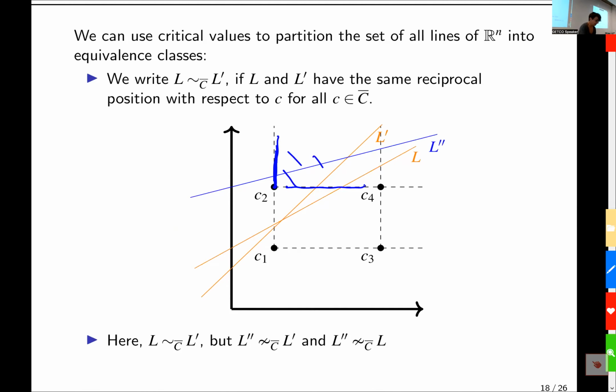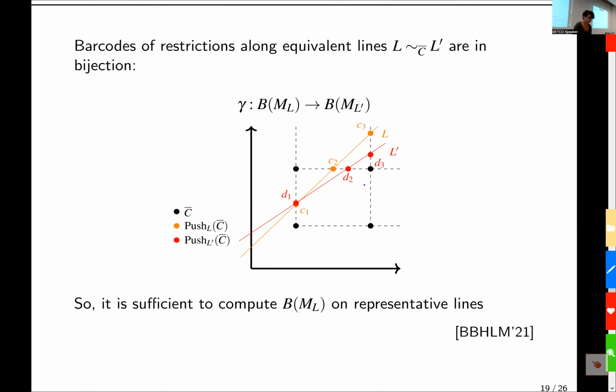And so the idea is that these equivalence classes of lines with respect to critical values are interesting for two reasons. First of all, one should observe that when we have a line, the bars that can occur along that line can only happen between two projections of critical values onto that line.